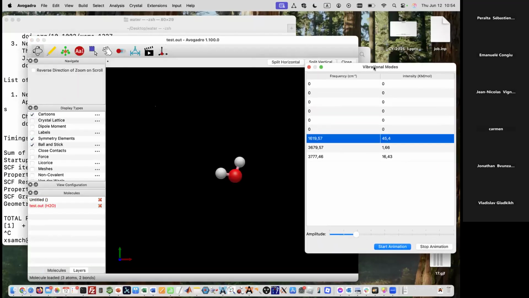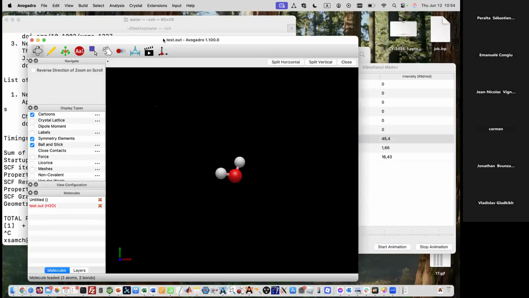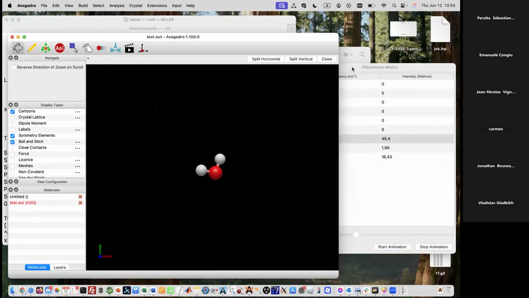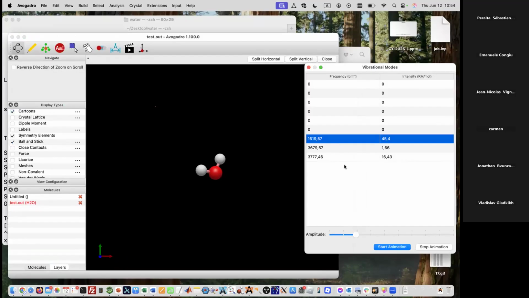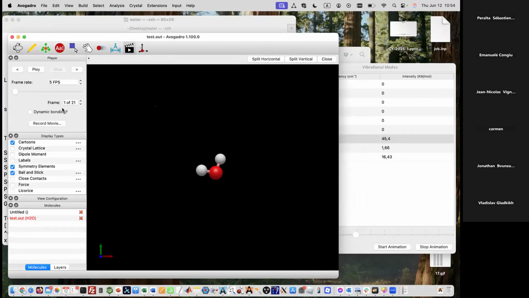Now you can see I ran the optimization, and I ran the frequency, and then if you click in this animation tool, you can see optimization. Okay, so there were 21 optimization steps.